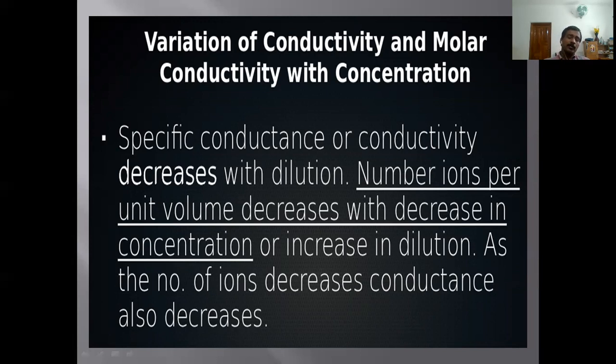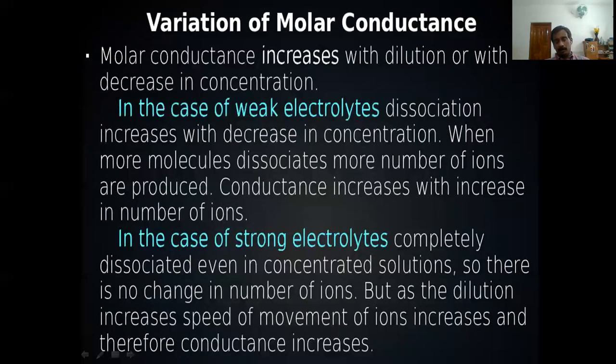Then what is the variation of molar conductance? Molar conductance is the conductance of all the ions produced by 1 mole of an electrolyte in a given solution. We are not counting the number of ions in 1 ml or 2 ml or 3 ml.